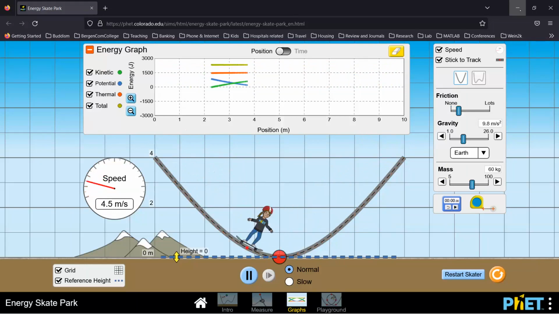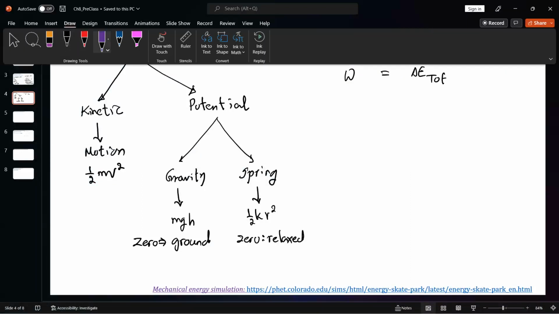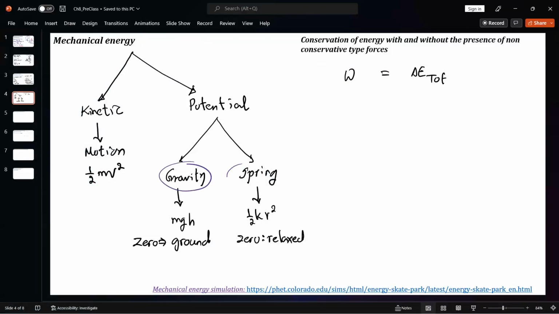So what we try to understand next is how we can put all the types of energy together into our conservation of energy format. Earlier we wrote work done is equal to delta E total, right? Total energy change should be work done. Work done due to conservative forces is already included in gravity and potential energy. The only work done we are interested in here is work done due to non-conservative forces.